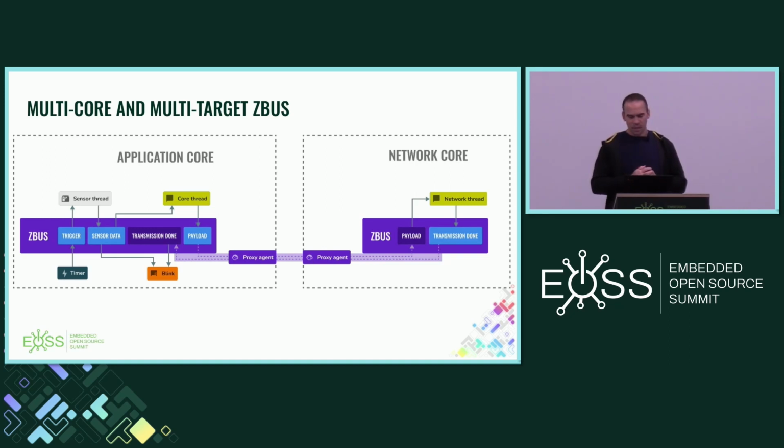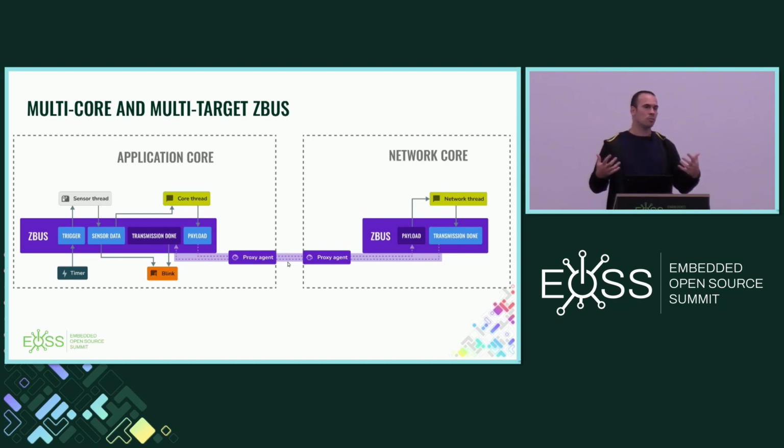And if we take a look at that and change the medium here, we are talking about multi-core, right? But if we change that to two MCUs talking through, for example, UART, you could have multi-target, right? You just need to change the medium the agents talk over.